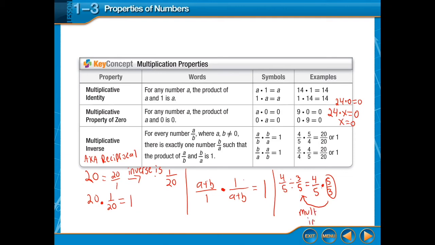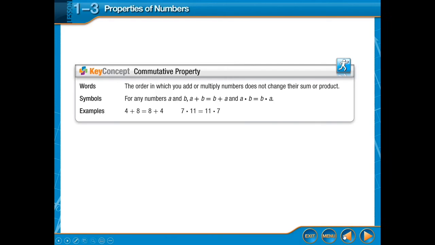Well, this here is the multiplicative inverse of 3/5. 5/3 is the multiplicative inverse of 3/5, but the little baby word for it is the reciprocal. But I'm not teaching you this right now. That's something you should know or that you will practice more of later. We have a few more properties that you need to copy down today.